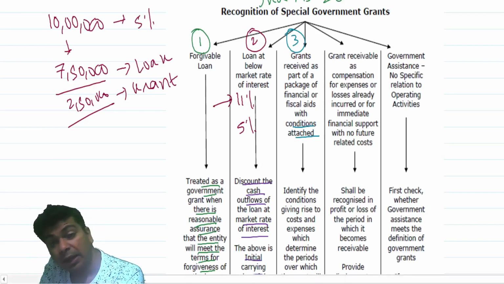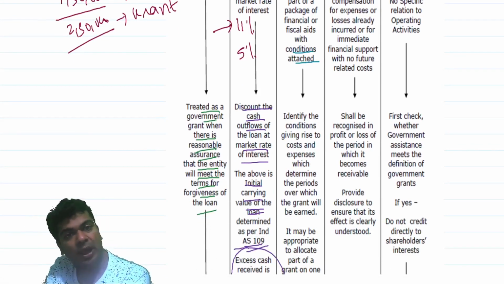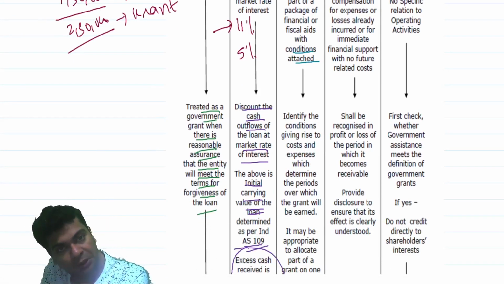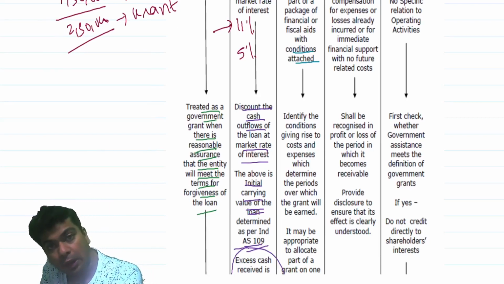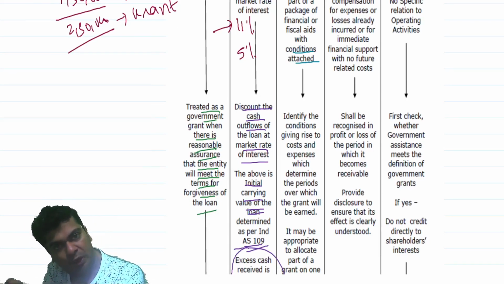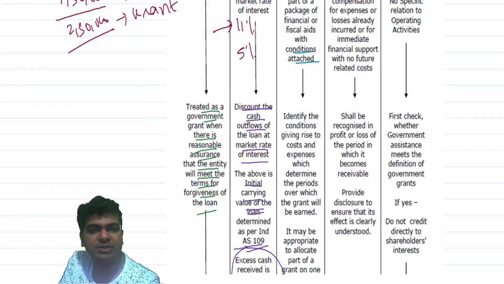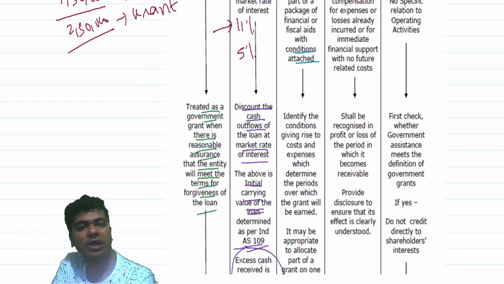Now this grant that you are receiving, certain grants may be with respect to acquisition of capital assets. Certain grants may be with respect to expenses that it intends to compensate you for. So that is how the accounting will be required to be done. Whatever grant is relating to the capital assets, follow what we have already discussed earlier for grants related to assets.